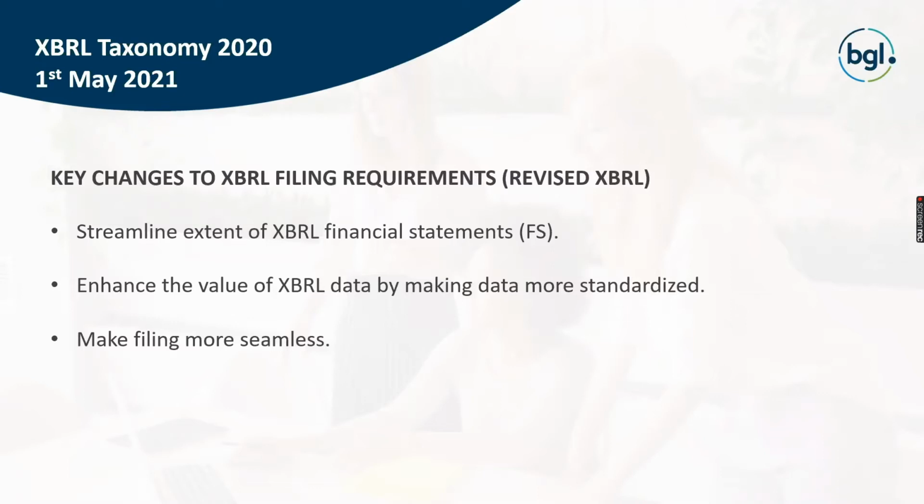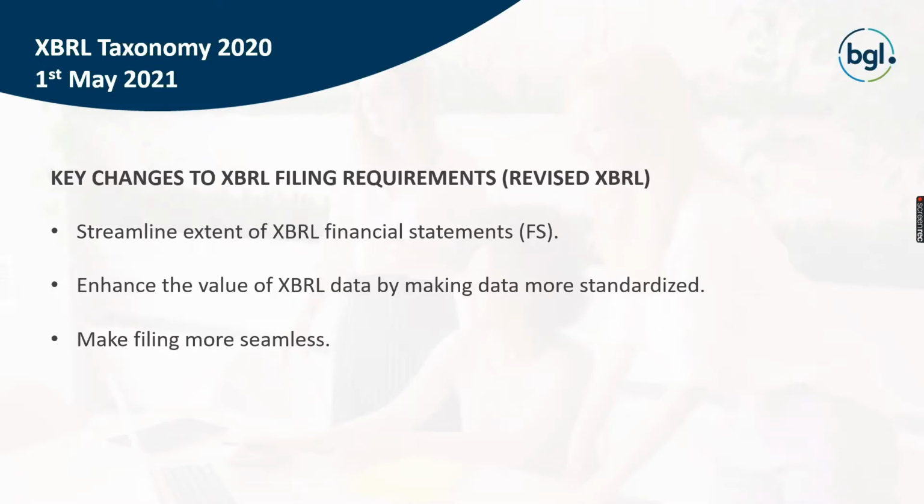So first off is to streamline the extent of XBRL filing financial statements. So what this means is to remove the data elements not commonly used, for example, the earnings per share, as well as introduce the simplified XBRL filing requirement for smaller companies. And I'll explain a little bit about the smaller companies and the simplified XBRL later.